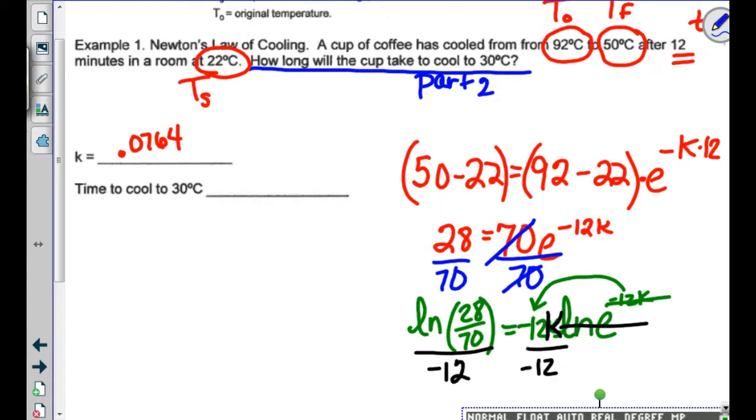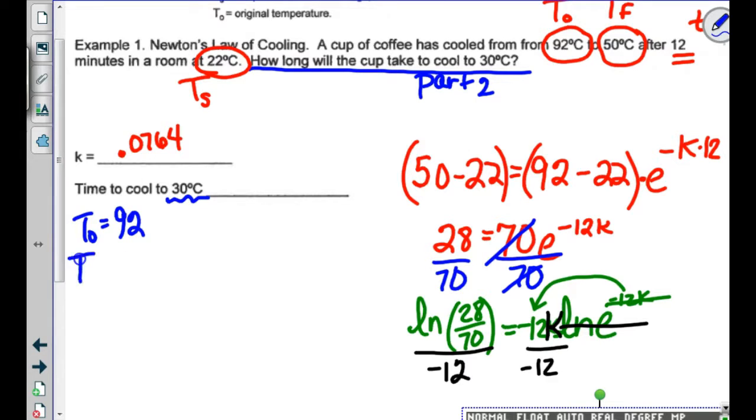Okay. Now, we're going to start the problem over, and we're going to say the time to cool to 30 degrees Celsius. The question on the quiz says the time to cool from when it came out of the oven or when we poured it or whatever it is. So we're going to go back and call our original temperature still 92 degrees.